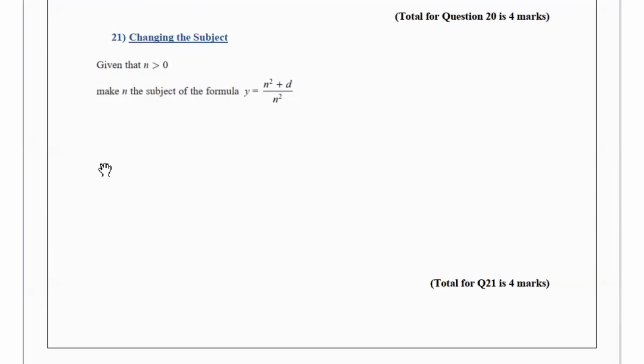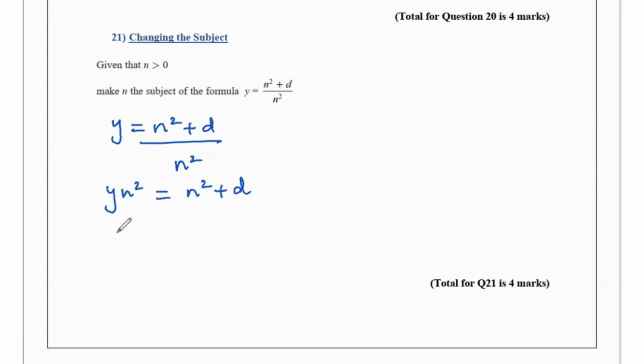Then it says, given that n is greater than 0, make n the subject of the formula, where y equals n squared plus d over n squared. So y equals n squared plus d over n squared. Cross multiply to get rid of the fraction. y n squared equals n squared plus d. Bring all the terms with n squared on one side. So y n squared minus n squared equals d.